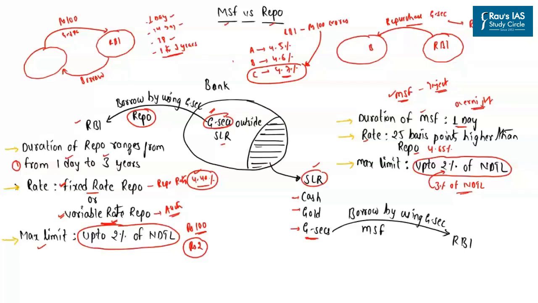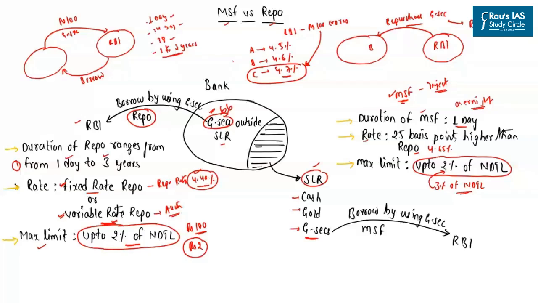But when it comes to the MSF, let's imagine a particular scenario where a particular bank does not have any government securities outside SLR, or a particular bank may have exceeded the limit of borrowing under the repo, that is 2% of NDTL, and let's say it wants to borrow money from the RBI. In that particular case, the bank can borrow money from the RBI under the MSF window for a period of 1 day.